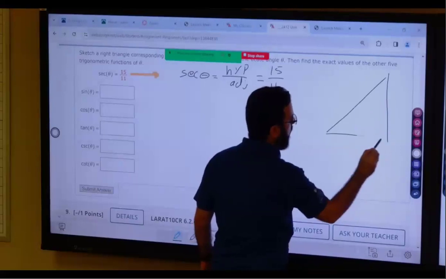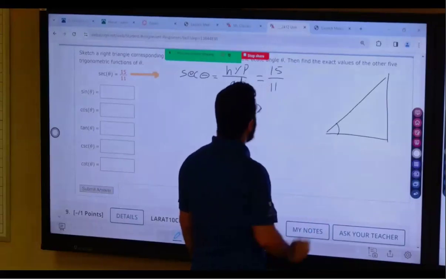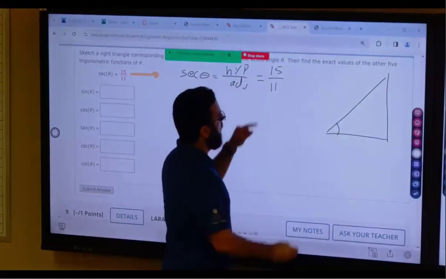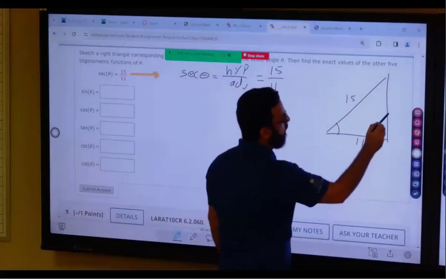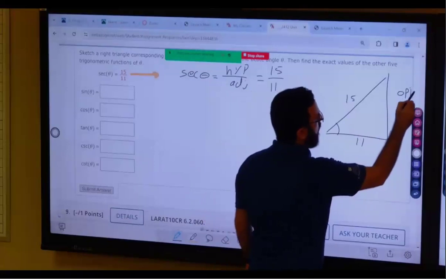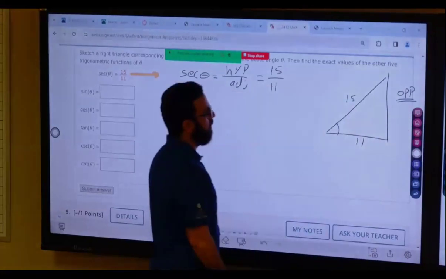Now, a simple graph. 15 is going to be here, the adjacent is going to be here. We need to find the same thing, the opposite.